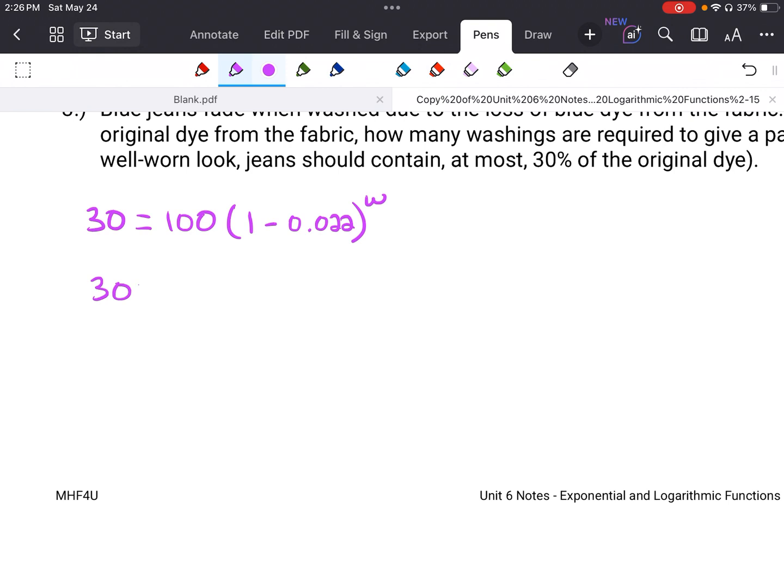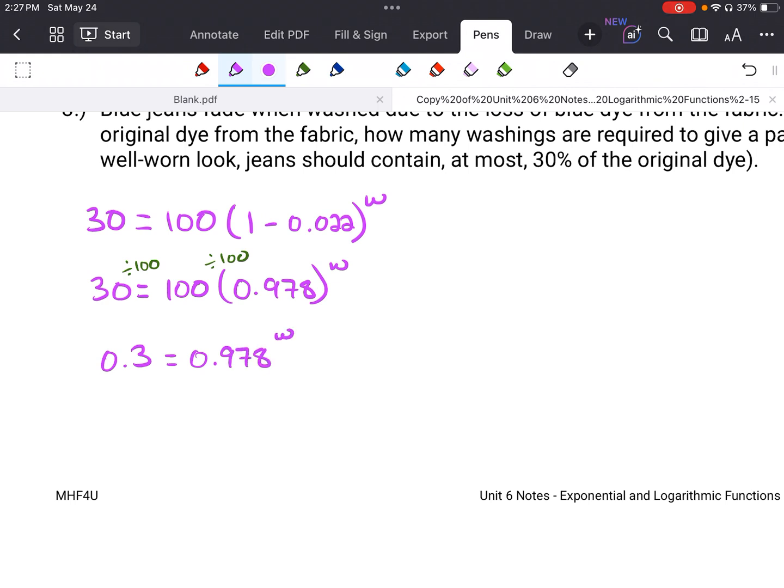So we have 30 is 100 times 0.978 to the power W. Okay, we're going to divide by 100. So we get 0.3 equals 0.978 to the power W.